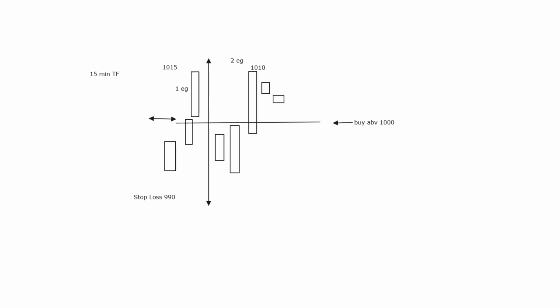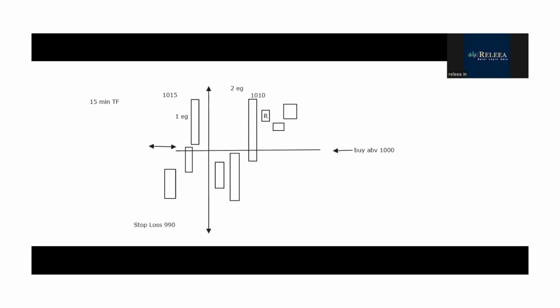If both of these are red candles, then wait for one blue or green candle to close above this. Then you can take a trade, or else wait for a retracement coming here.